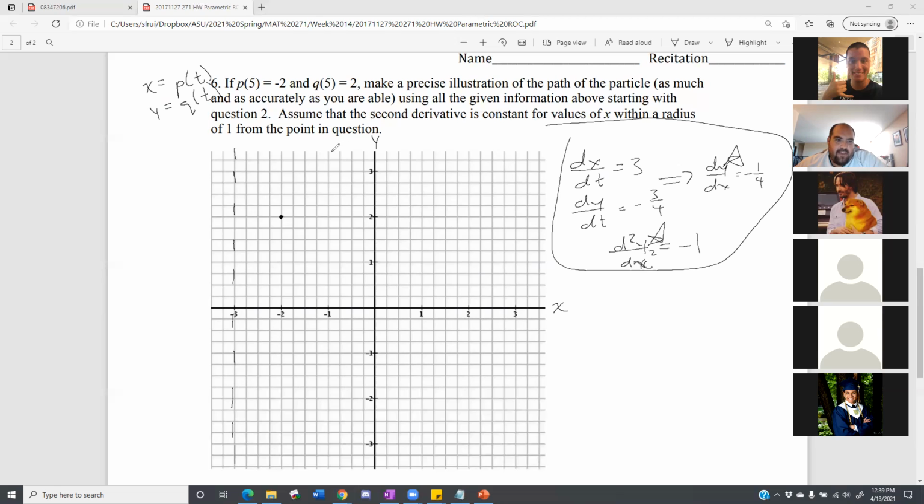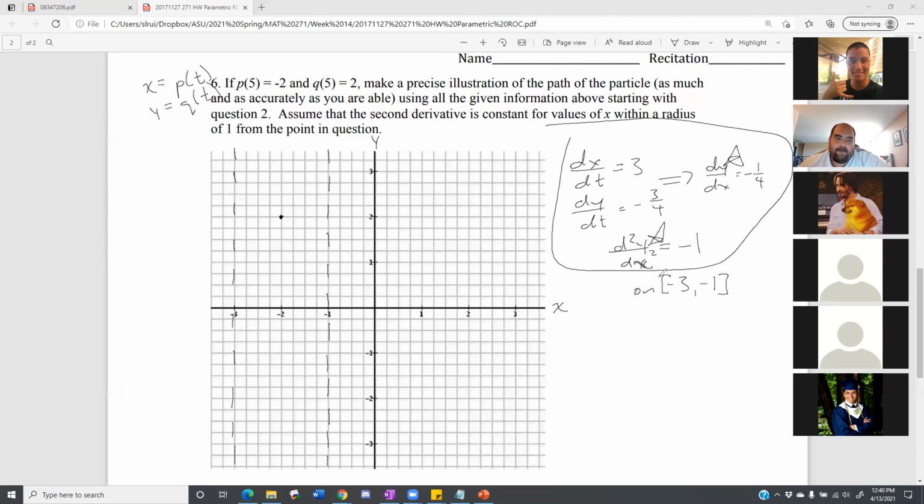We have information about the second derivative, but I have no idea what its value is outside this strip, because I only know it on the interval -3 to -1, basically within 1 of my point.